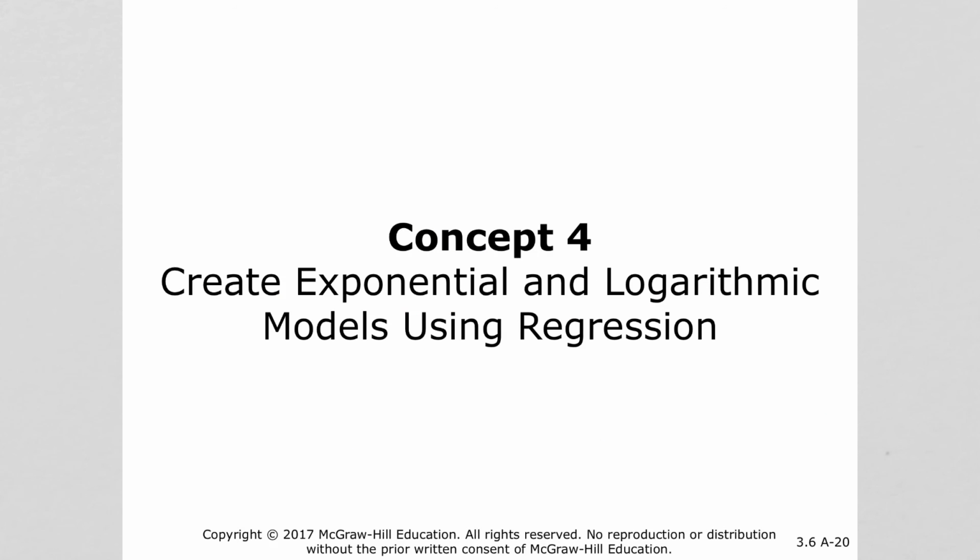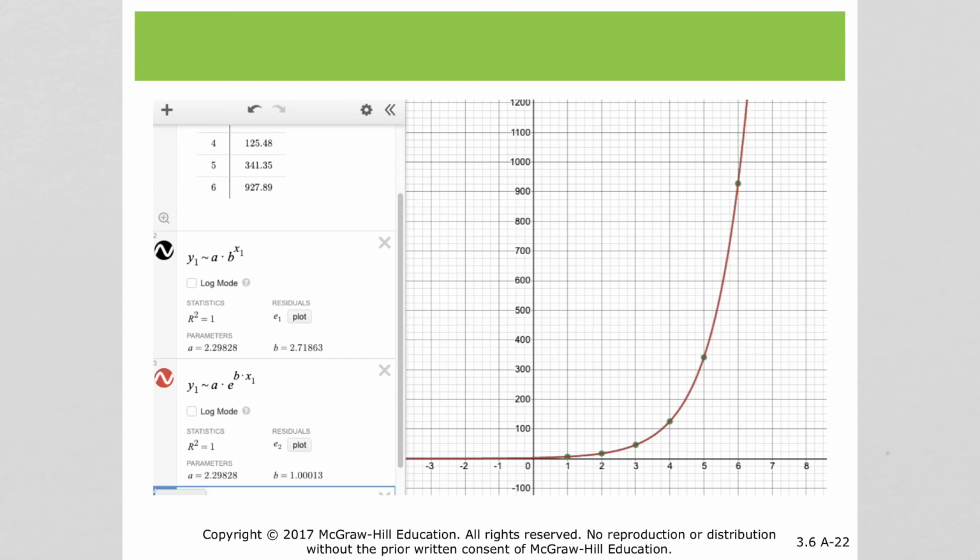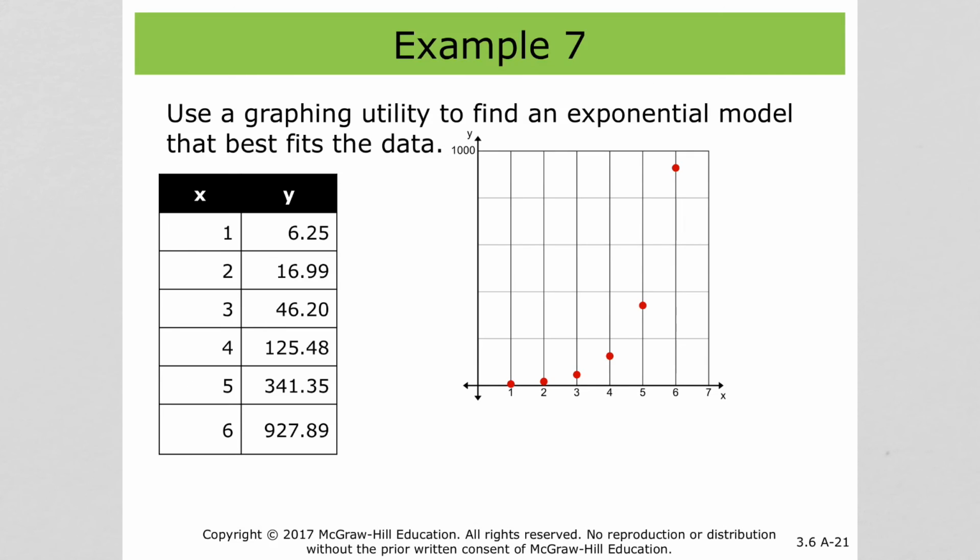The last 2 examples are using logarithmic models for regression. You're going to use Desmos, and I'll probably make you a Desmos video to go along with this. You may not need it, considering I've got the screenshots from Desmos on here, but we'll see.